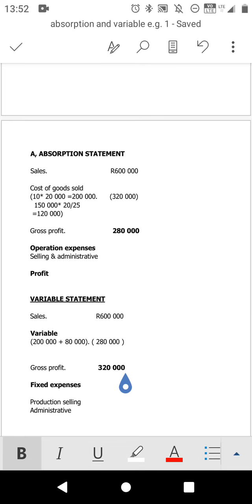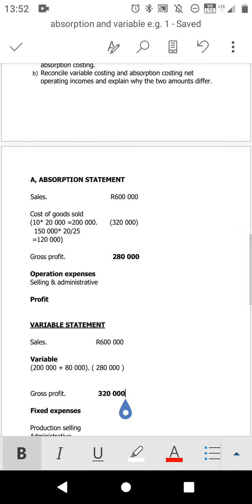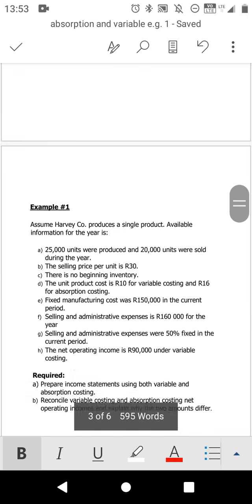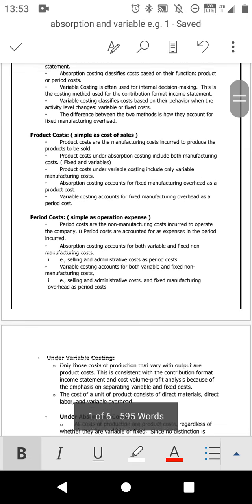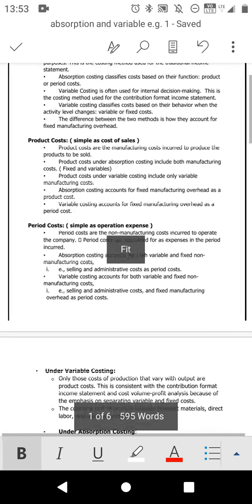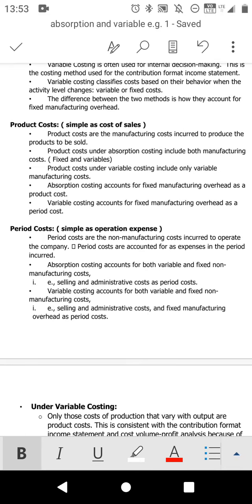Now let's go to period cost. We are done with the product cost. Now we go to period cost. Let's start with the absorption statement. As a reminder, let's go back to our notes.